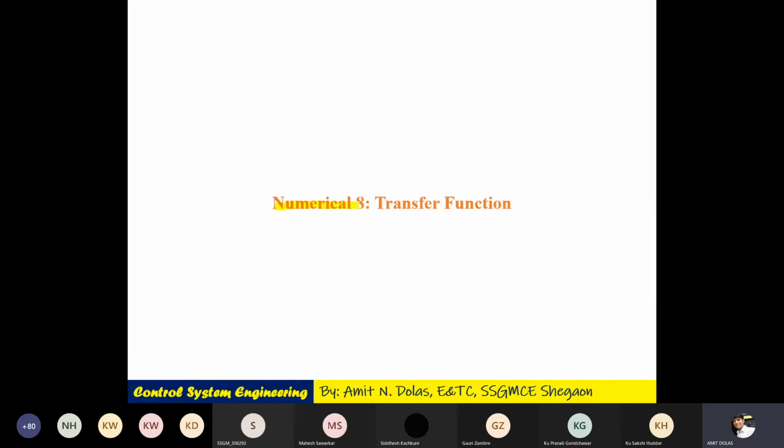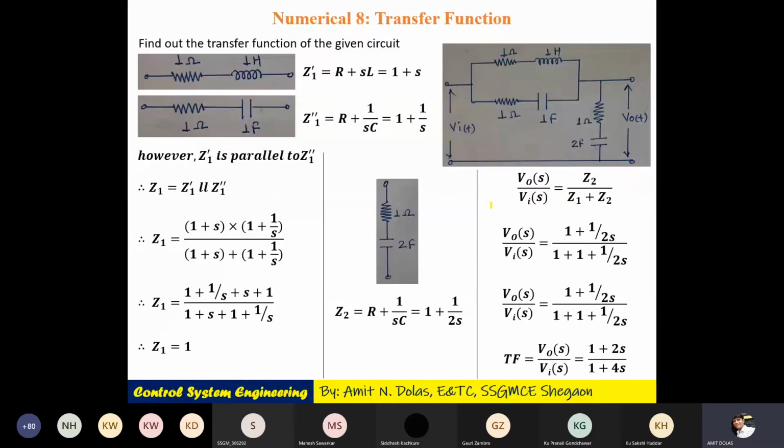Next numerical, you can see a somewhat complicated circuit. This is the circuit. Again, the title is the same: find out the transfer function of the given circuit, meaning output upon input.